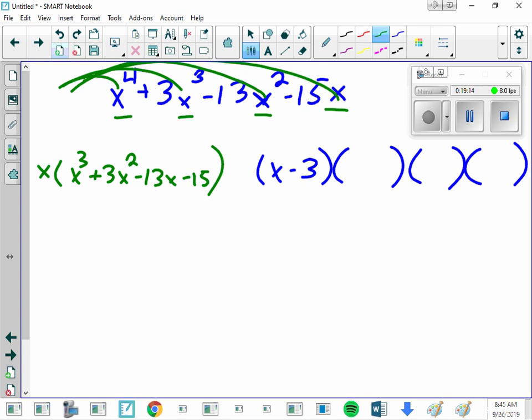I don't even need to do division. And then this becomes one of my answers. And then I will divide this by x minus 3 to find the other 2 factors. So it looks more difficult, and it turns out it's pretty much the same. You just have to pull out that x.